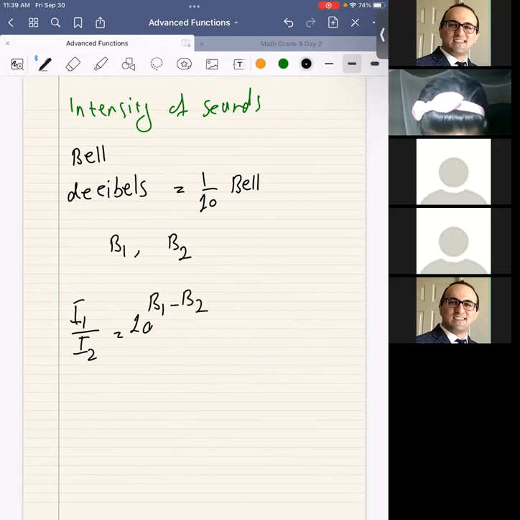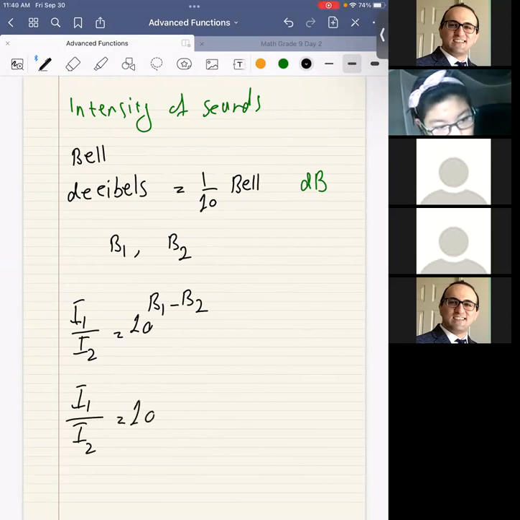That's in terms of bell. If you use decibel, which we usually denote by dB, decibel is 1/10 of a bell. So I1 over I2, if you measure in terms of decibel, is 10 to the power dB1 minus dB2 over 10.